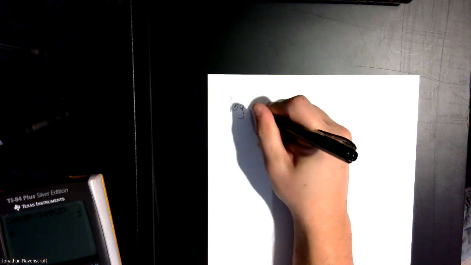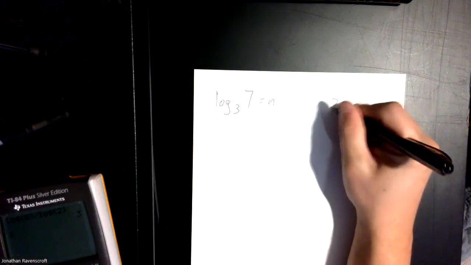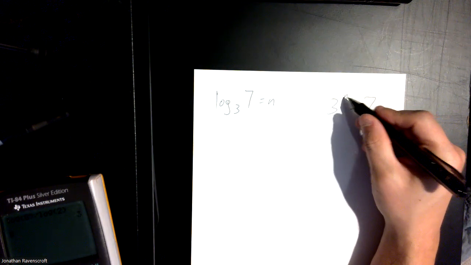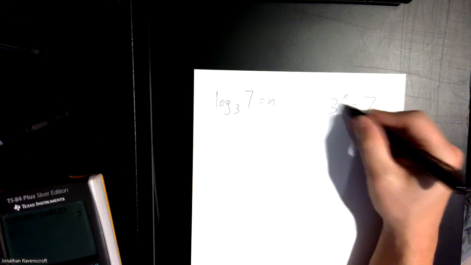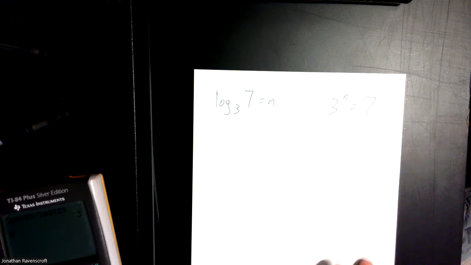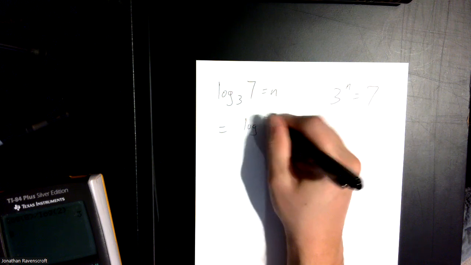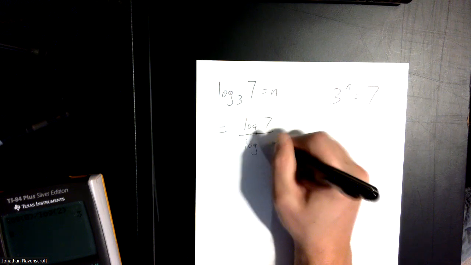So let's look at this. Log base 3 of 7. Now if I try to do this mentally, 3 to the n equals 7. Well, that doesn't work because 1 is 3, 2 is 9. It's somewhere in between there. To figure out what this is exactly, what I'm going to do is say log of 7 divided by log of 3.